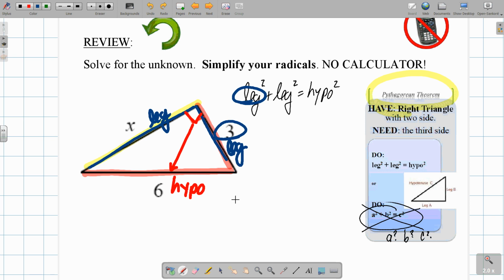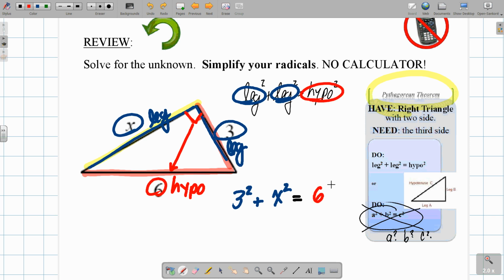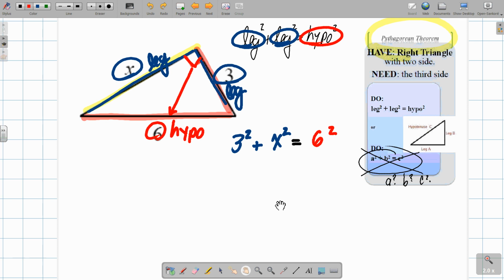Leg, leg: 3 squared, plus leg, leg: x squared, equals hypo, hypo: 6 squared. I'm going to get you part of the way through the math here. 3 squared is 9, x squared, and this is 36.